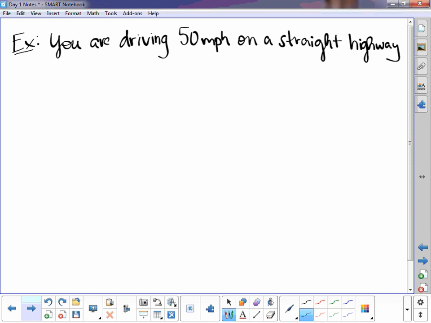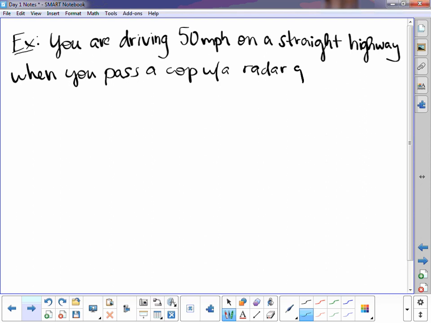And you pass a cop with a radar gun. So this is a straight highway with no stoplights, so a smooth and connected curve.